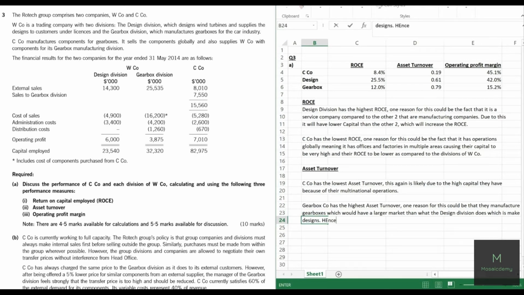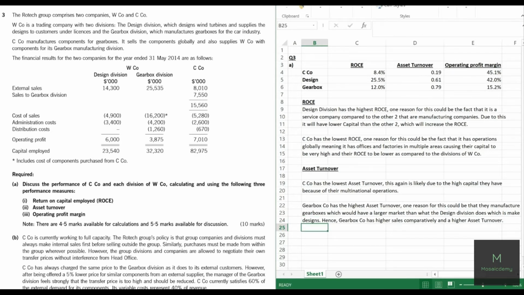Hence, Gearbox Co has higher sales comparatively, and a higher asset turnover.